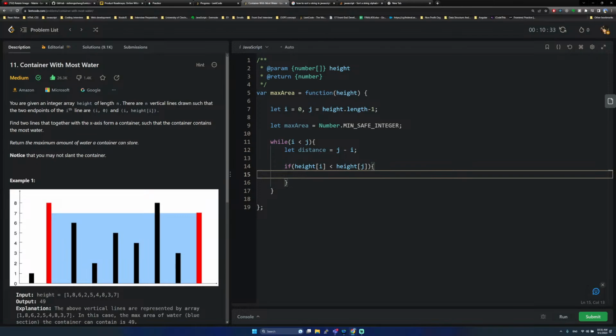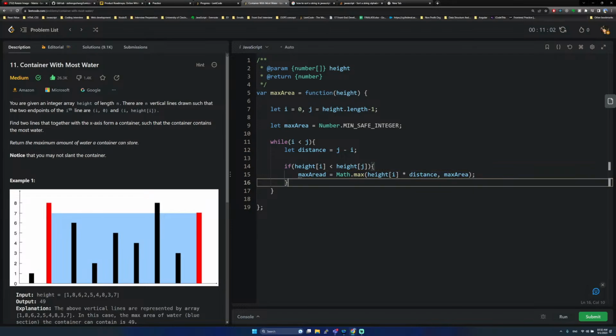Area would be height of i times the distance. We have to compare it with the max area, so max area equals Math.max of this.